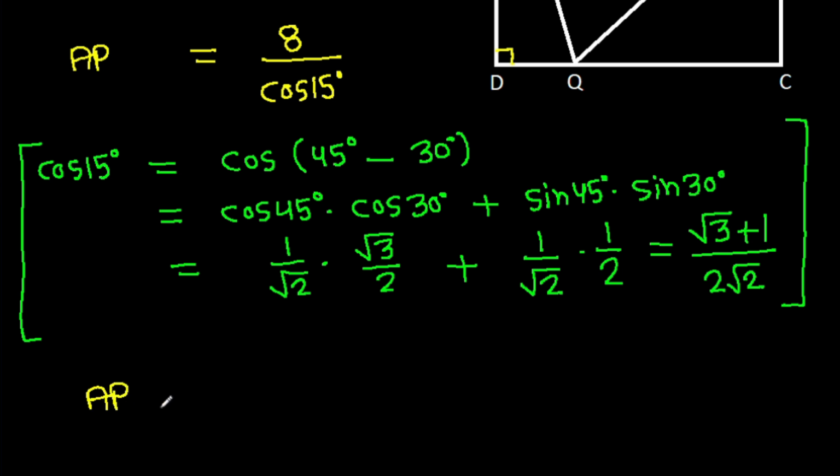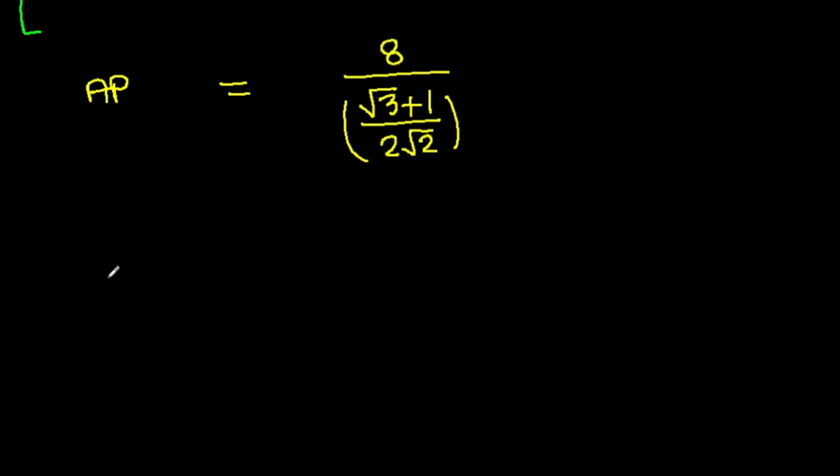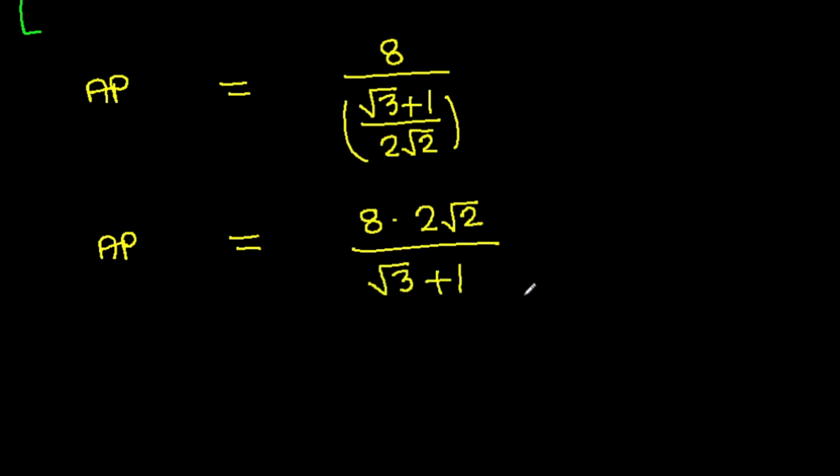So AP is 8 over root 3 plus 1 over 2 root 2, and AP will be 8 times 2 root 2 over root 3 plus 1, and it is 16 root 2 over root 3 plus 1.